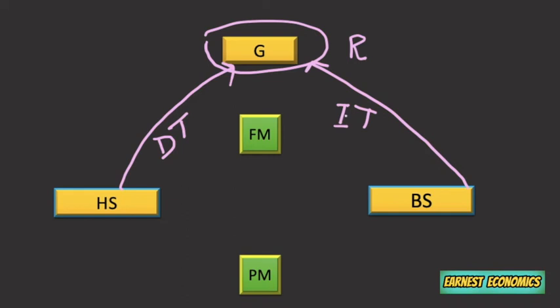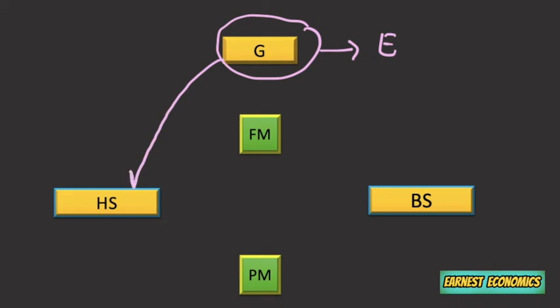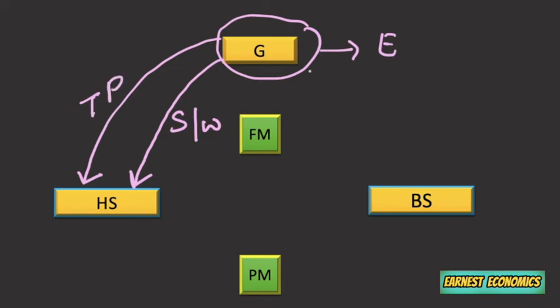And if we look at the expenditure side of the government sector, then the government makes expenditure towards what? Towards the household sector in the form of salaries and wages, then in the form of what we call transfer payments. And the government also makes expenditure towards what?